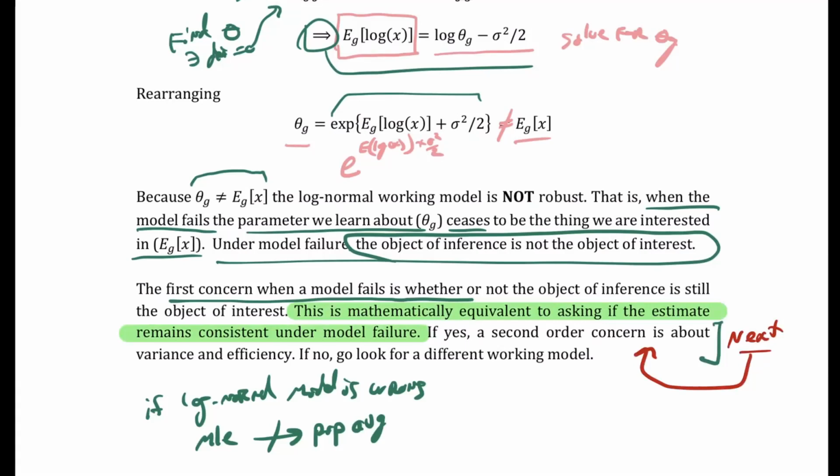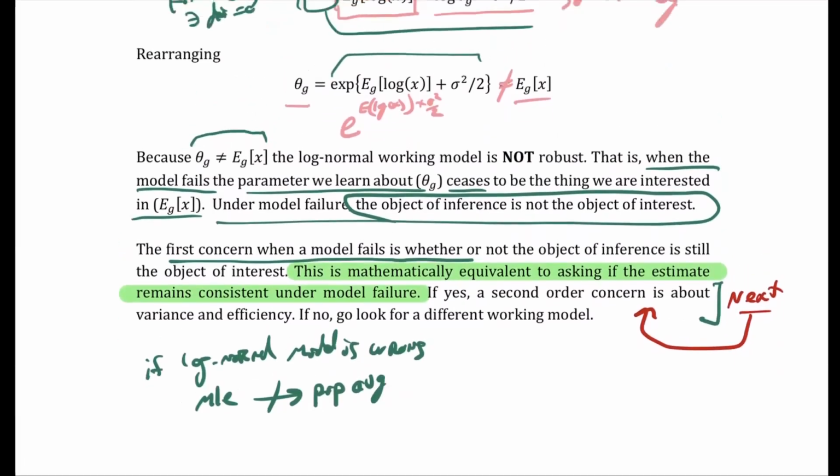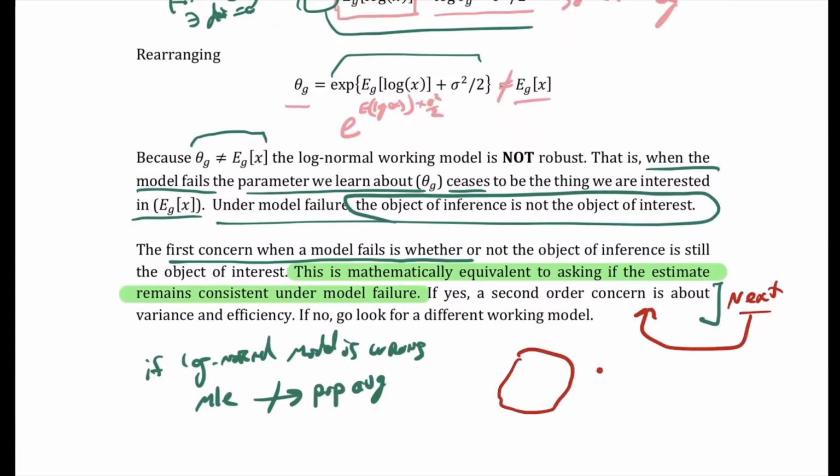And what we did in the first part of this was we looked to see, well, where did you converge? If you're out here, you're converging to the theta that's closest to that thing. If you're in here, then you end up at the right place. But we went a little deeper and calculated what theta g is. And what it turns out is that you can learn about things like the expected moment of the unknown distribution. You can learn about moments.